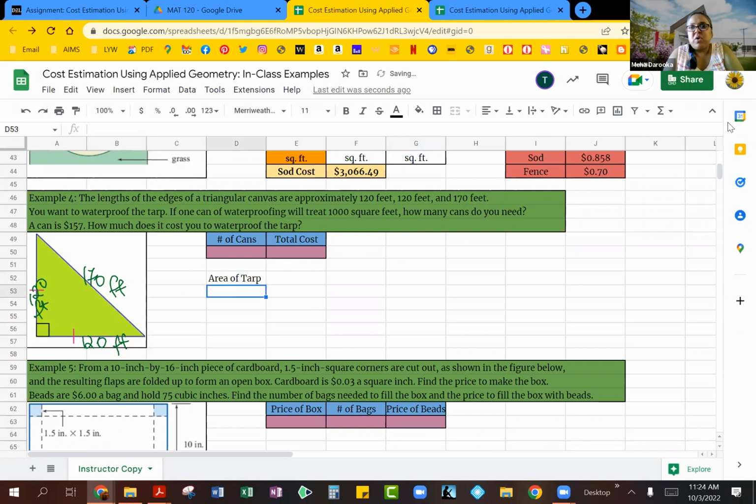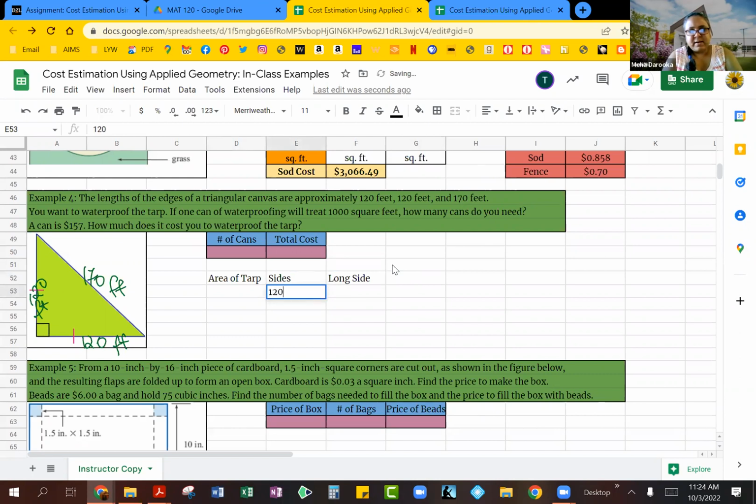So can you tell me what we need to do to find the area of a triangle, basically? And I'm going to go ahead and put these measurements here. So we have area of the tarp, and then let's see, we are given the sides and the longest side.